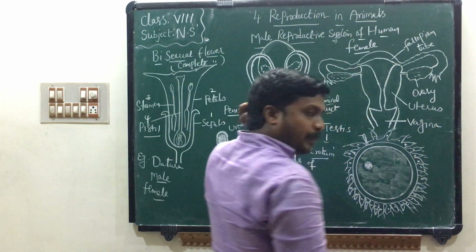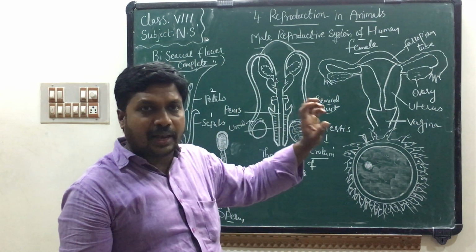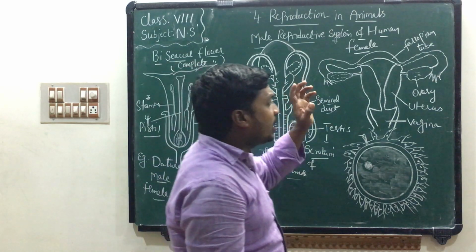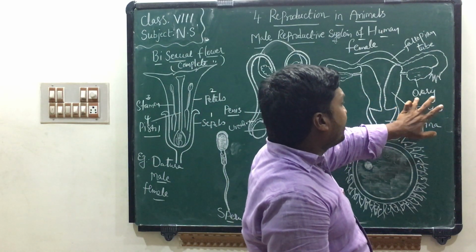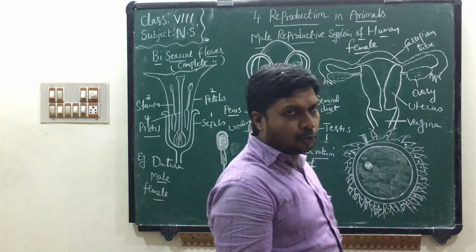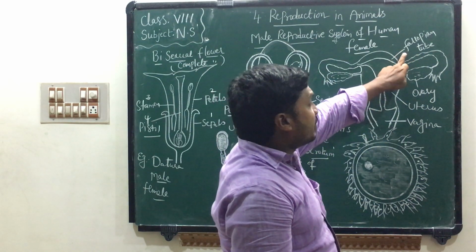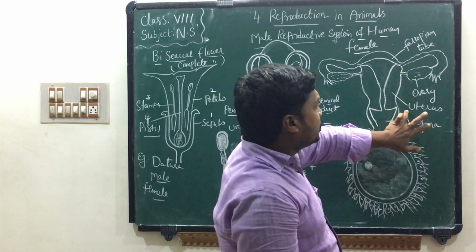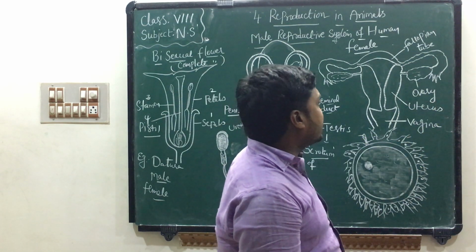These are the four major parts present in the female reproductive system. What are they? Ovary, present on either side of fallopian tube; second, fallopian tube; third, uterus; and fourth, vagina.